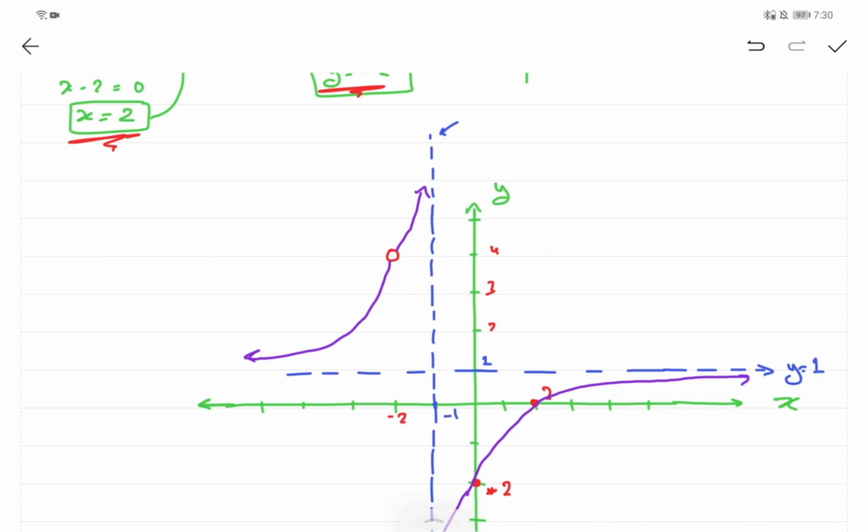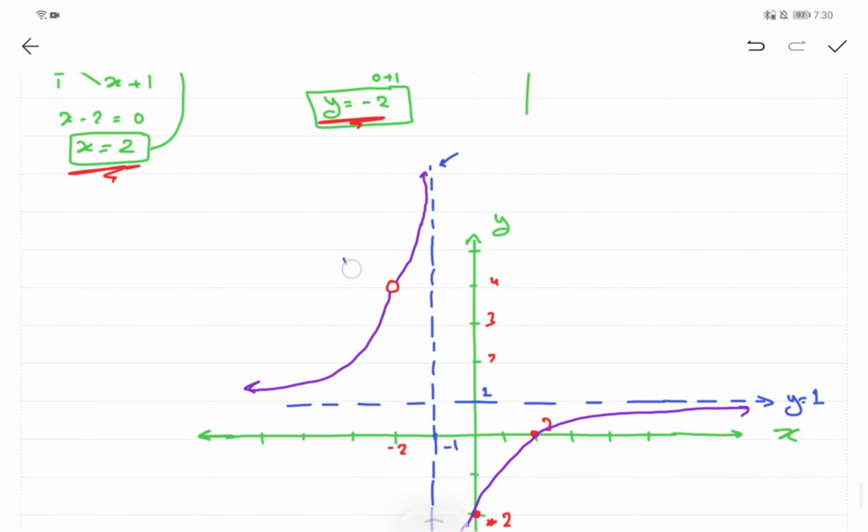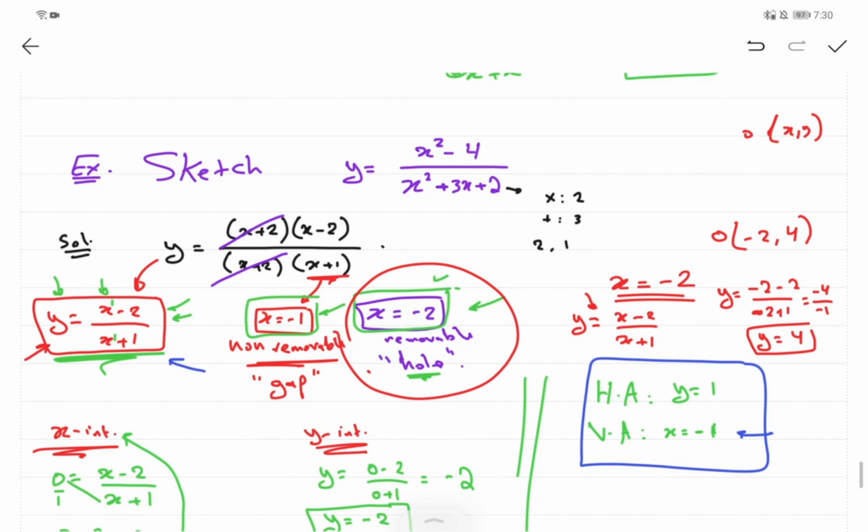It will never. So simply it's going to be approaching it. If we fix it, it's going to be something like this. Just approaching but never passing through the vertical asymptote. So this is it. We have a gap and we have a hole at the same time. That's why we have 2 points of discontinuity, one non-removable and one removable.